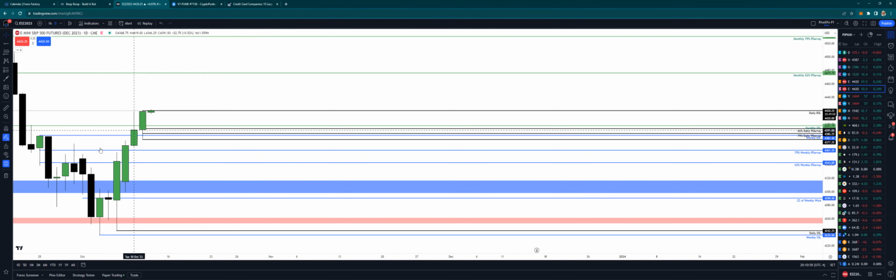Because I see that my analysis was invalidated right here, right? Once we pushed through those levels aggressively like that and closed above that 79%, my analysis was invalidated right there, right? I should have got on the right side of the market and at least aimed for buy side liquidity as my next point of interest, right?